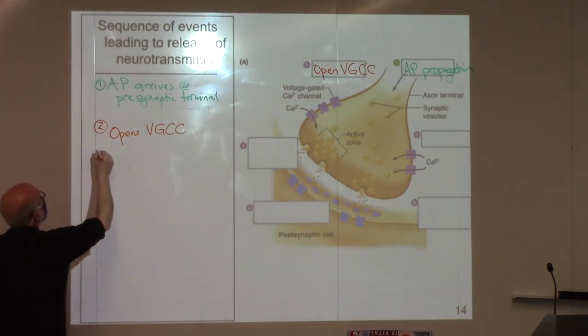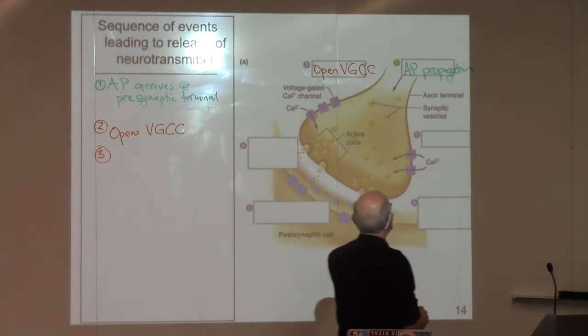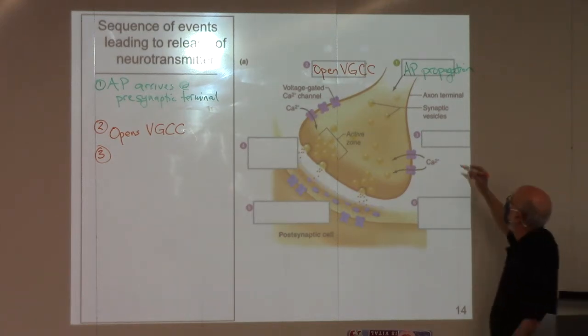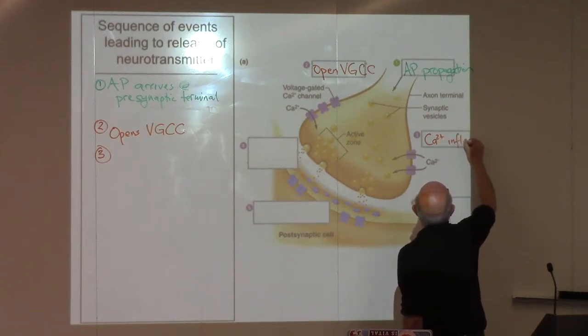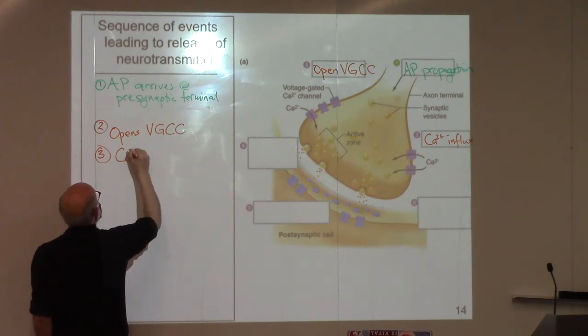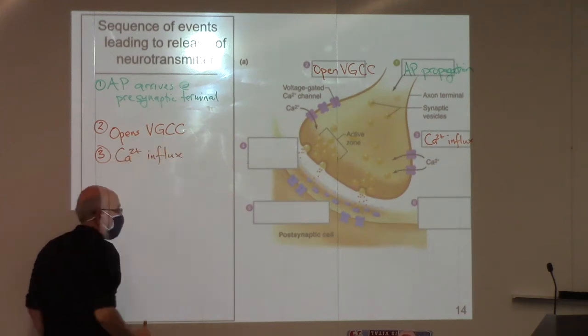Okay, so then what's number 3? What happens when voltage-gated calcium channels are open? It's illustrated by these arrows here. What's next? Calcium influx. So the next step is calcium ion influx through voltage-gated calcium channels.